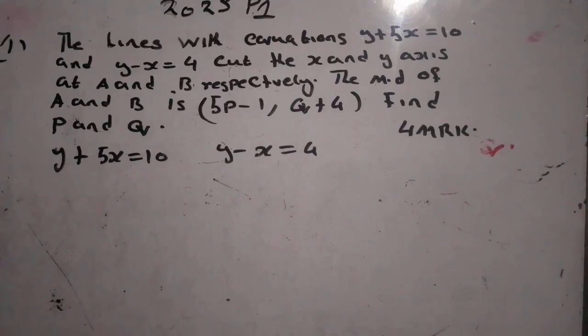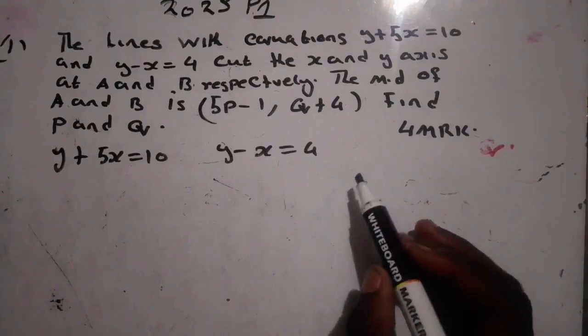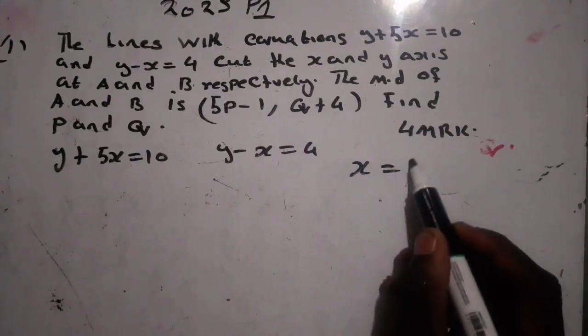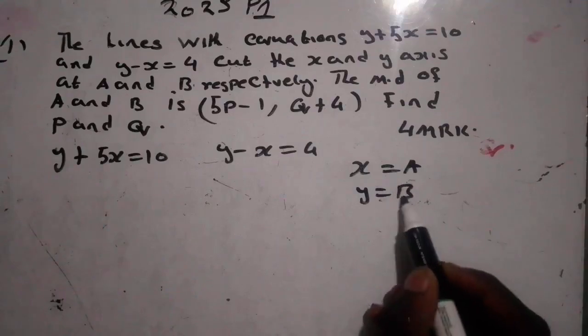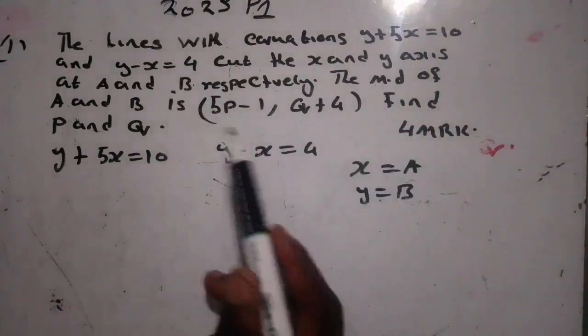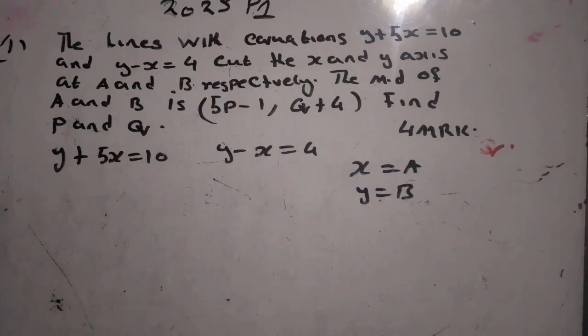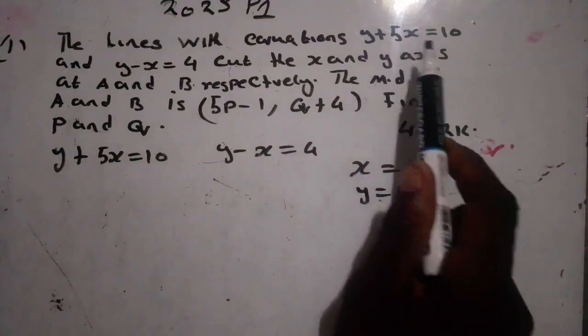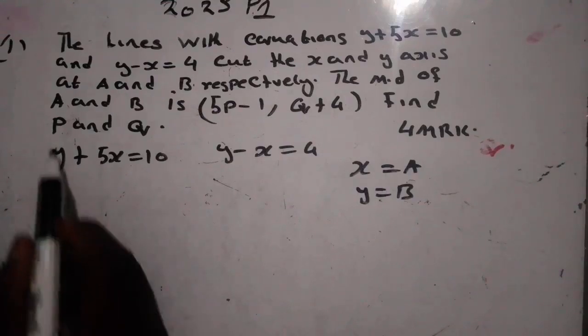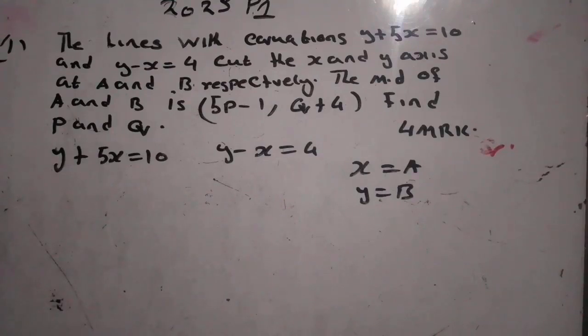I've been told that the first equation, y plus 5x is equal to 10, cuts the x-axis at A, and the second cuts the y-axis at B. This is because we have been told that the two equations cut the x and y-axis respectively, so the first equation cuts the x-axis at point A.